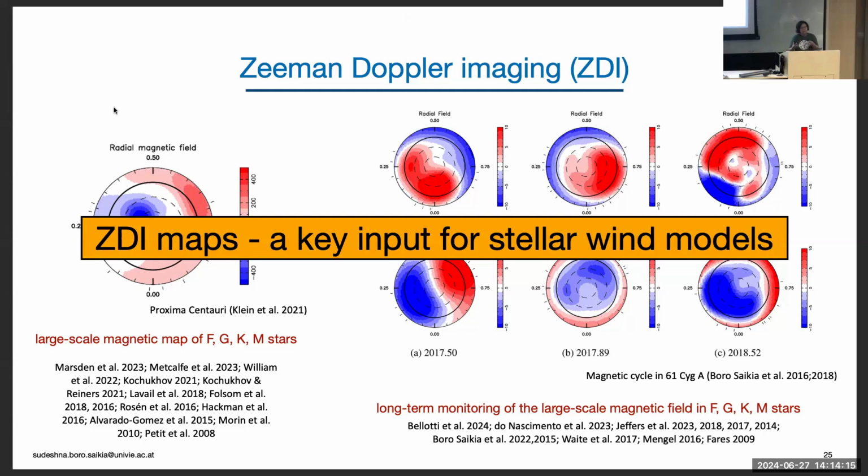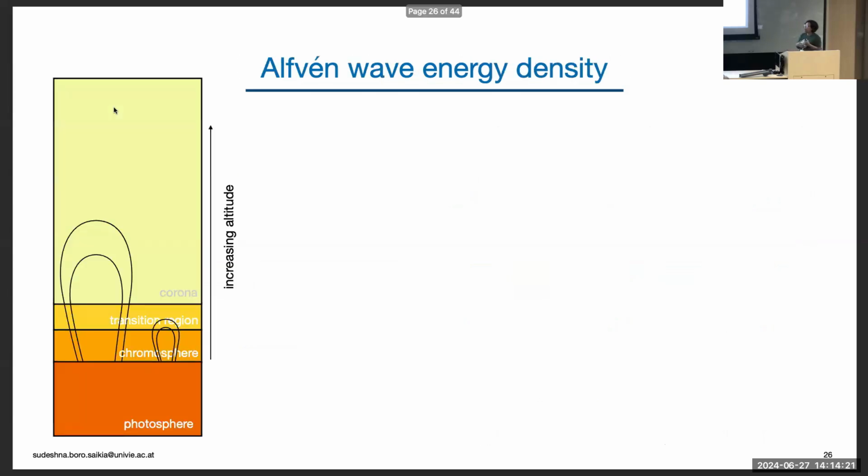Now, I mentioned there is also another factor that we can take into account in terms of the Alfvén wave energy density, so how much non-thermal heating is available for heating the corona and for launching the wind. Let me go back to this cartoon of our very simplistic model of a star, where again we have to go back to the Sun for this.